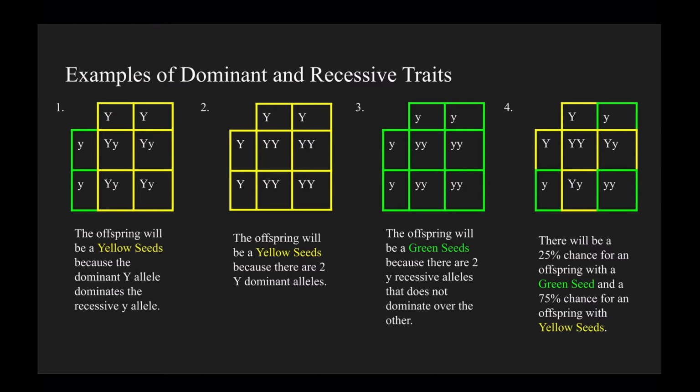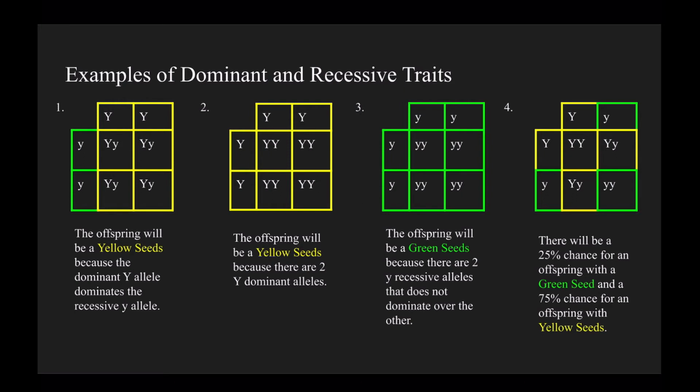In example 1, one parent has a dominant YY homozygous genotype, and the other parent has a recessive yy homozygous genotype. So the outcome is a heterozygous Yy genotype for all four outcomes. So the offspring will be all yellow seeds.